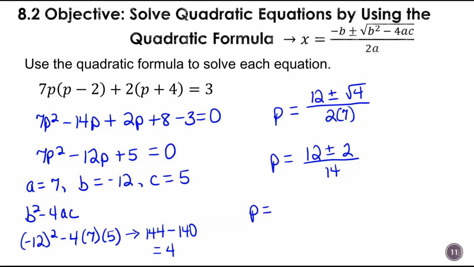So my two solutions are going to be 12 minus 2 over 14, and 12 plus 2 over 14. So 10 fourteenths, that's the first one. 10 over 14 is going to be 5 over 7, and then 12 plus 2 is 14, over 14 is 1.